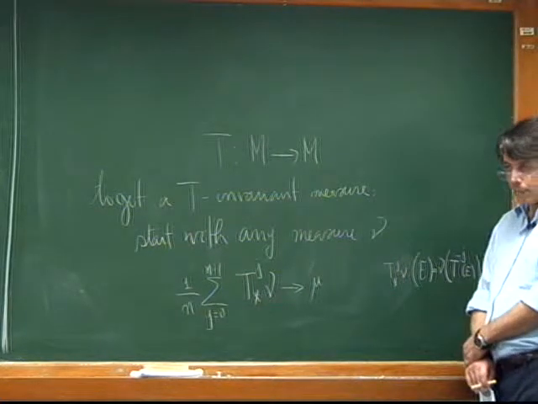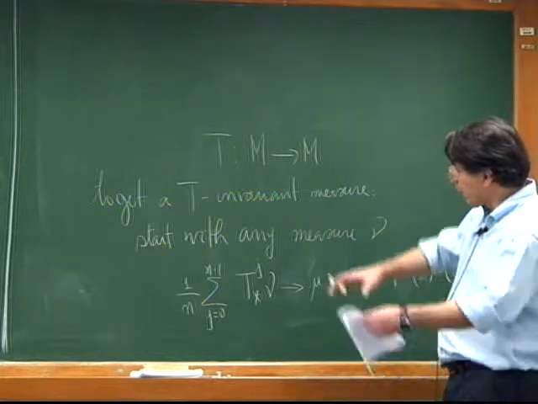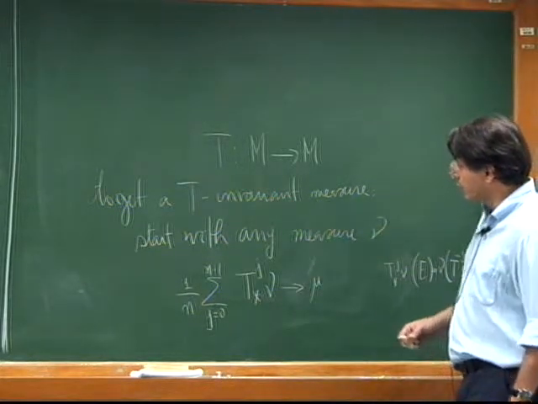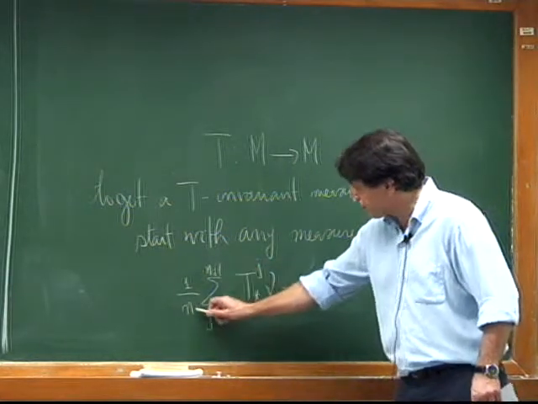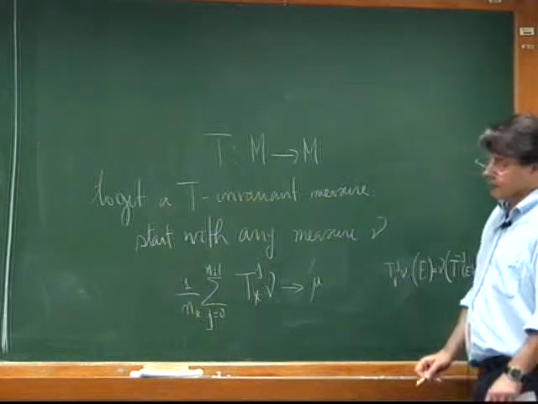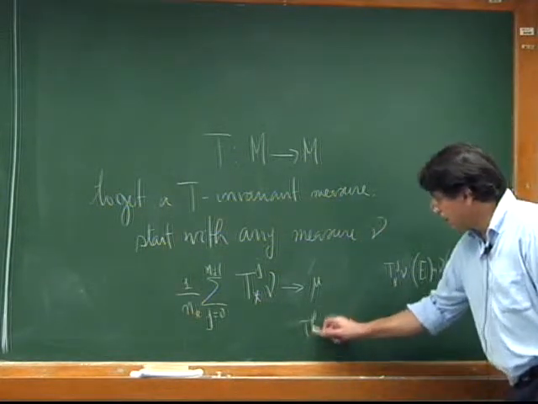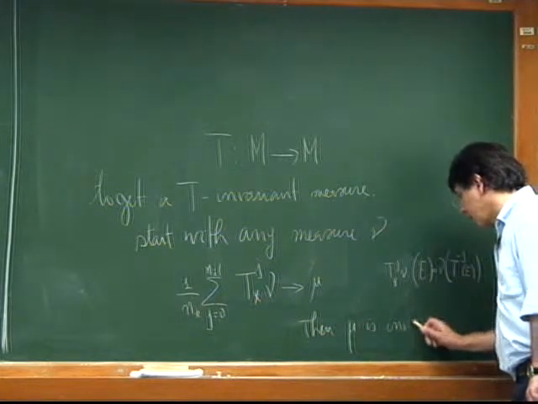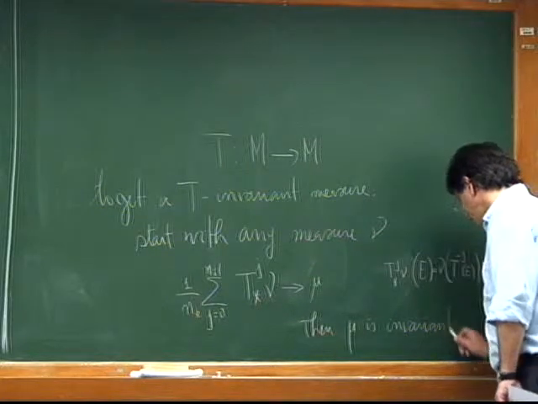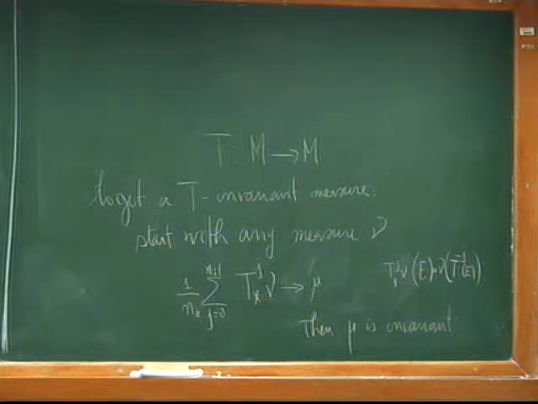Usually, by compactness of the space of probability measures, this sequence has some subsequence that converges. And then mu is invariant. I'm not saying this is a proof. It's certainly not the general recipe to construct invariant measures, because usually you want more properties.